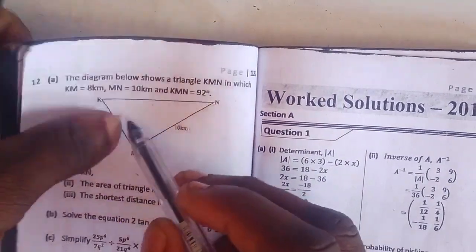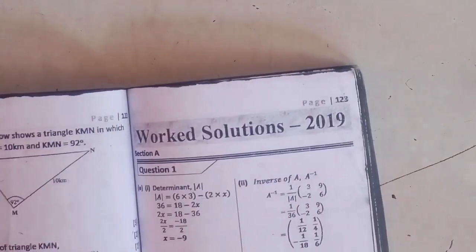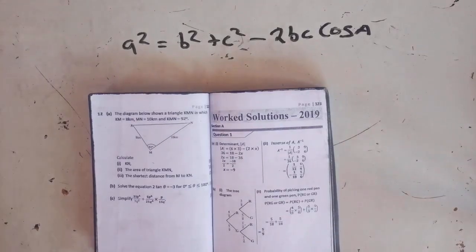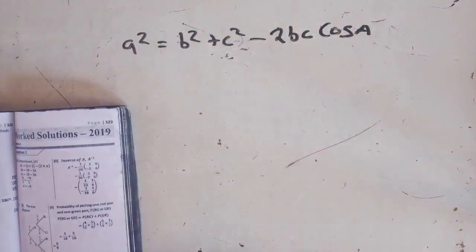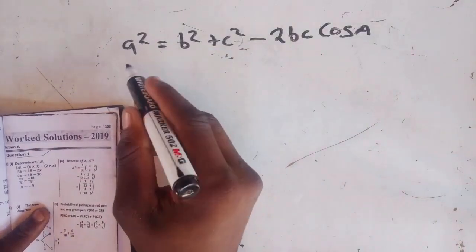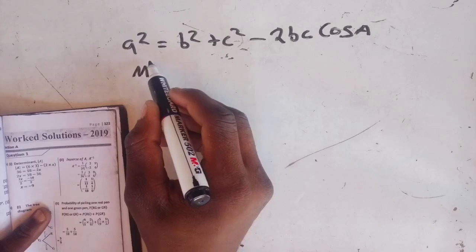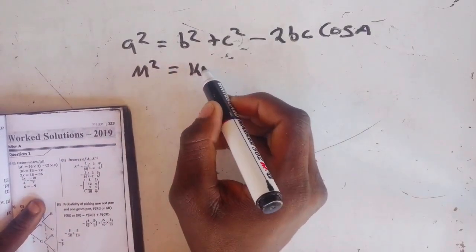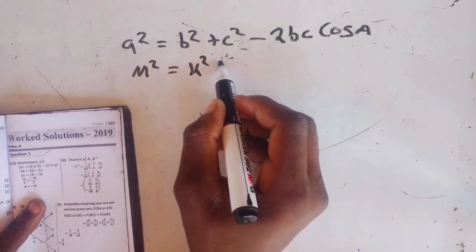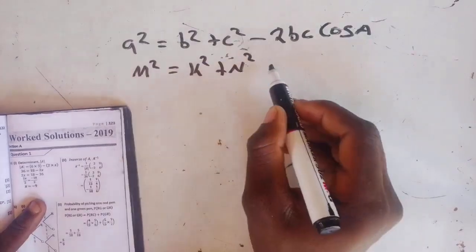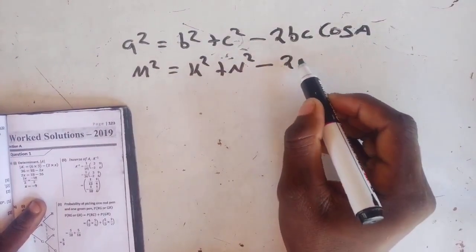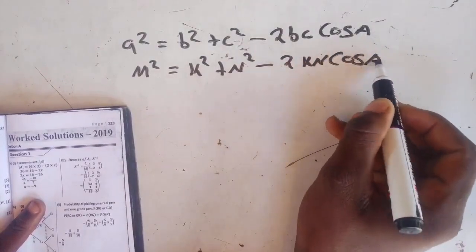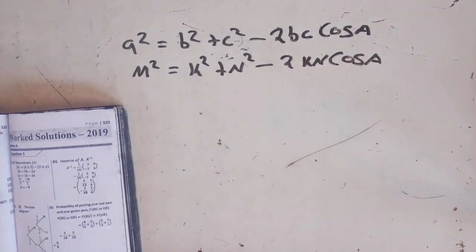So we can write our formula like this: M squared is equal to K squared plus N squared minus 2KN cos A. Yeah, like this.